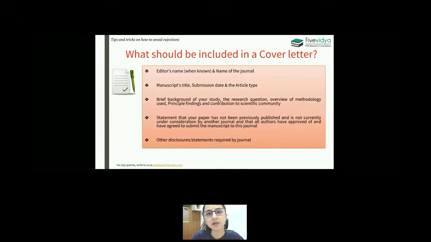Also, a brief background of your study should be given, with basic details like the research question, the overview of the methodology, the findings, and conclusions in your letter. Also, other disclosures and statements, if required by the journal, you should mention in your cover letter.